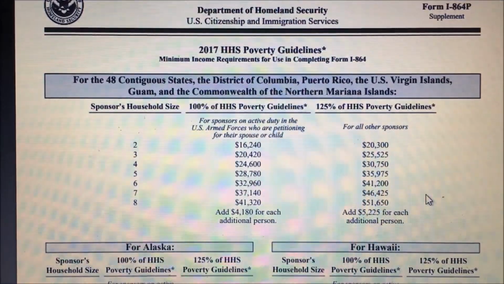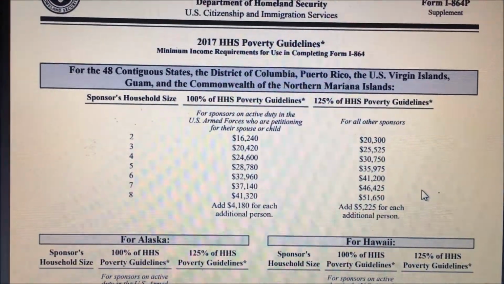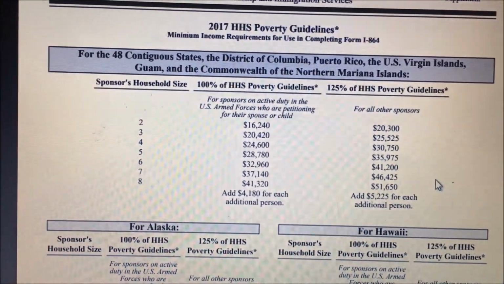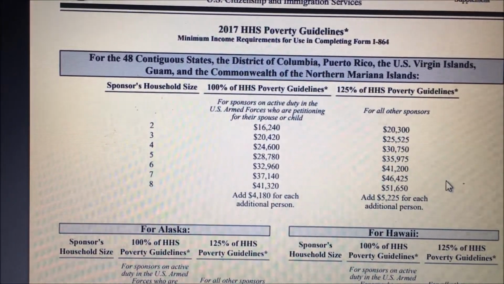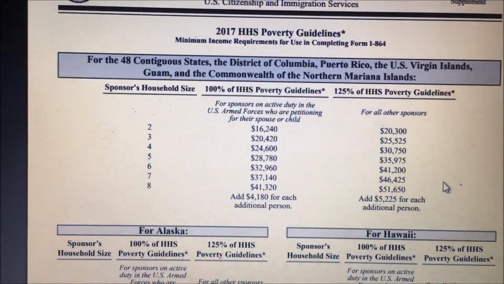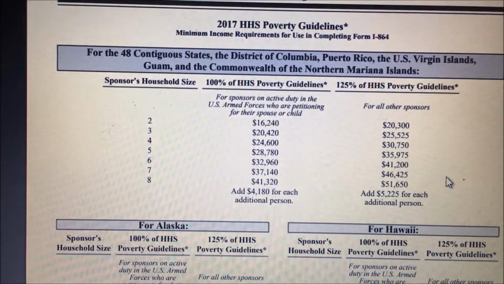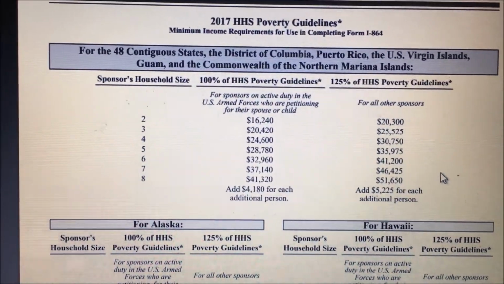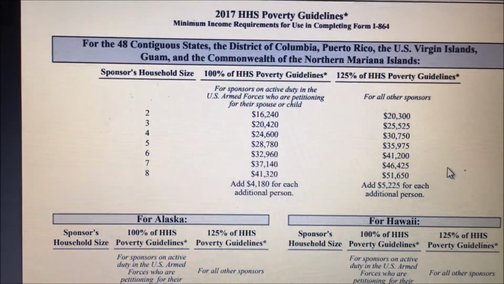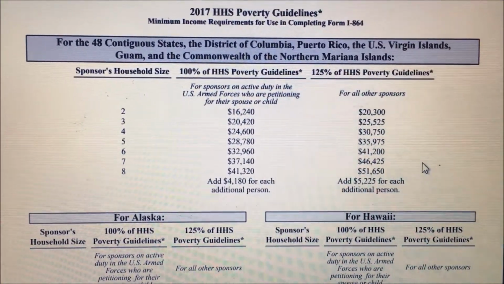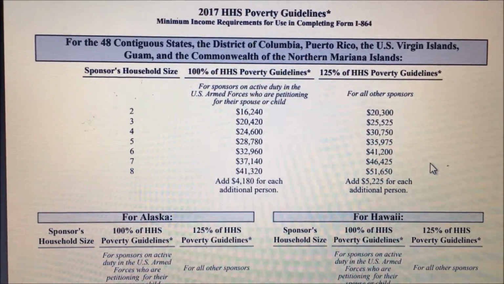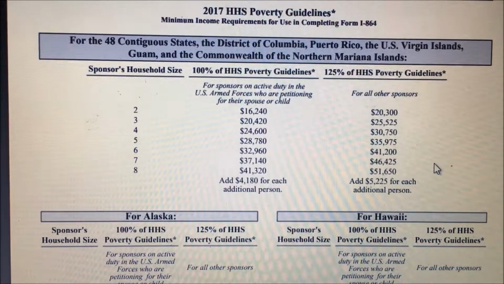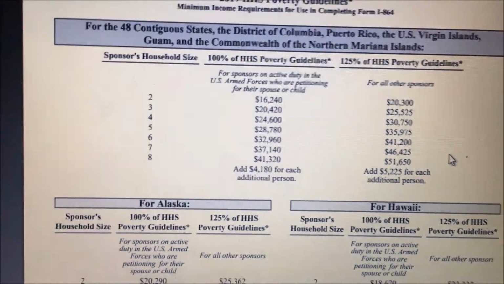Another example: if the petitioner has a child and supports that child, let's say 1 child, the petitioner plus the 1 child is 2, plus the beneficiary is 3, and if the beneficiary has a K2 child, it will be included in the household size, so it should be 4. So the petitioner, the child of the petitioner, the beneficiary, and the child of the beneficiary.